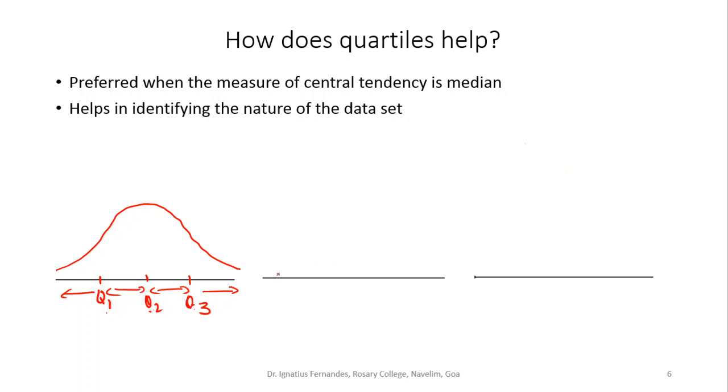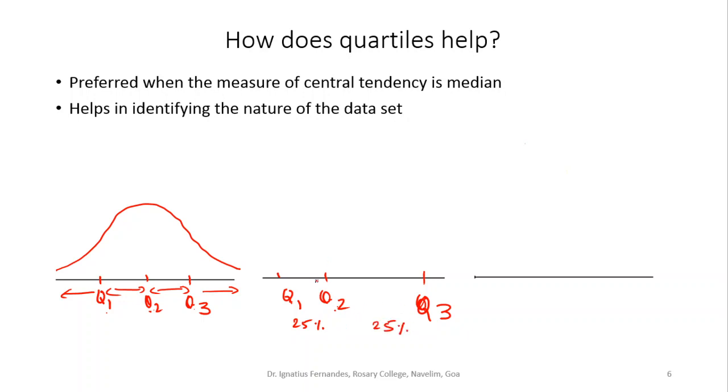Now in case suppose you have Q1 here, Q2 here, and Q3 here. Now the distance between Q1 and Q2 is very small as compared to Q2 and Q3. But again, you know that from Q1 to Q2 there are 25% values, and from Q2 to Q3 also 25% values.